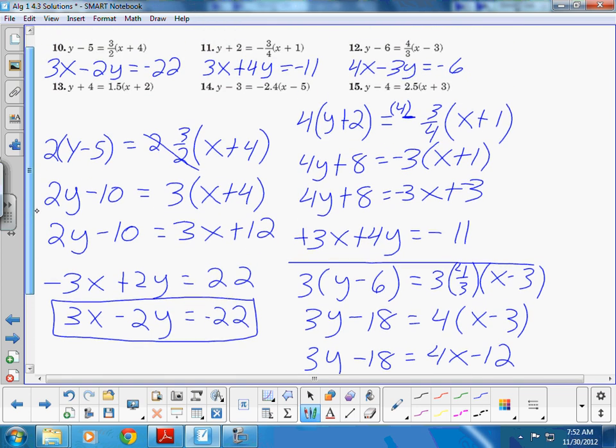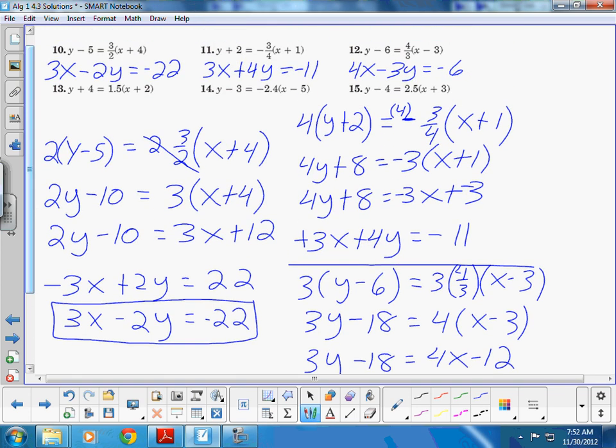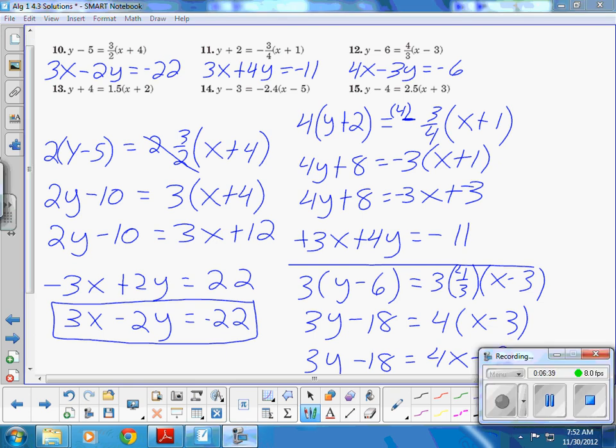Very good. All right. Now on number 13, 14, and 15, you can change the 1.5 to a fraction. On number 14, we can change the negative 2.4 to a fraction, a negative 2 2/5, and then rewrite that as an improper fraction.